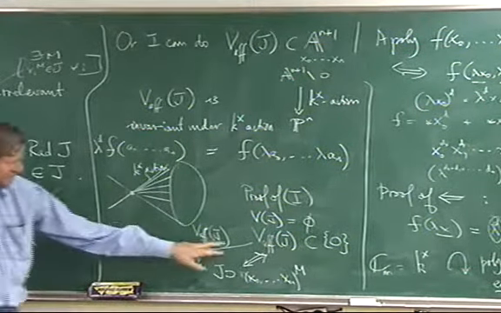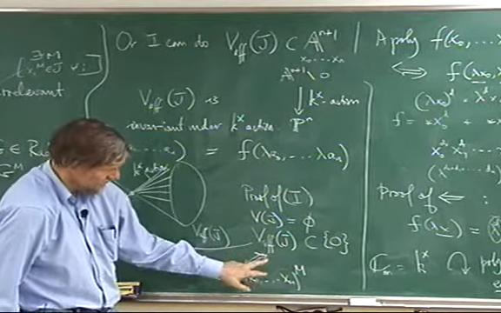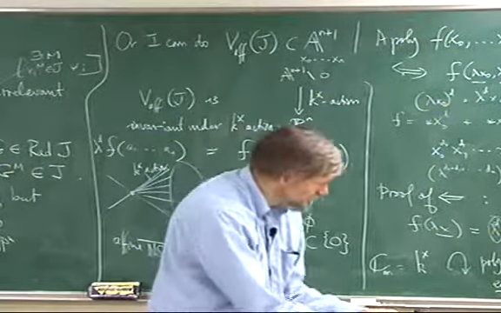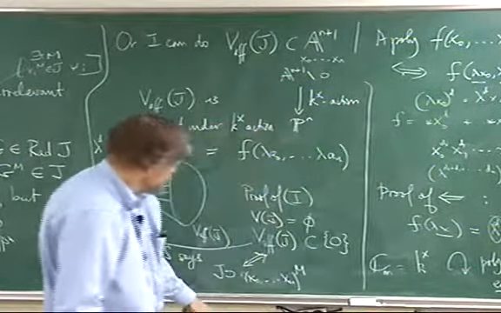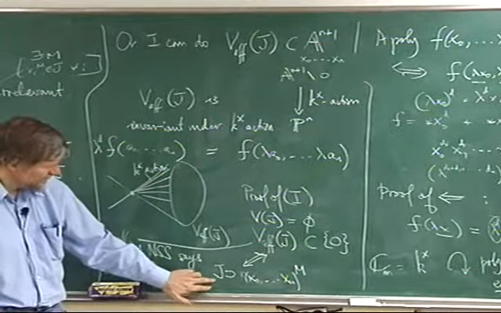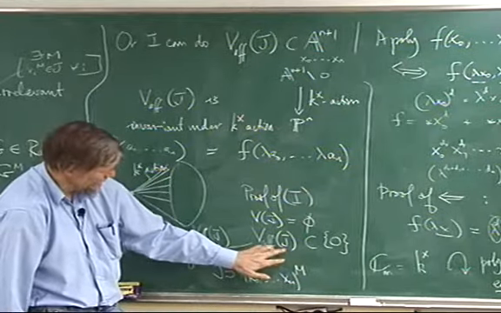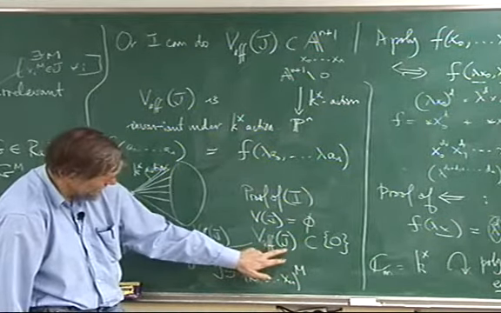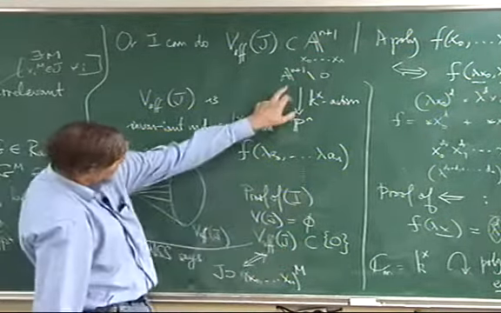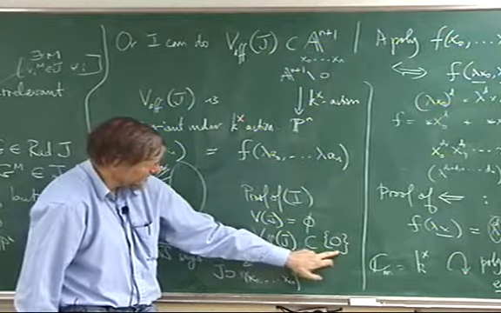Right? So this is a statement that when I take the affine variety defined by J in this A^(n+1), I get nothing but the origin.